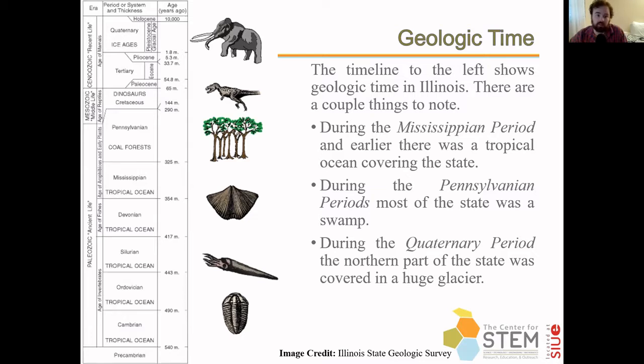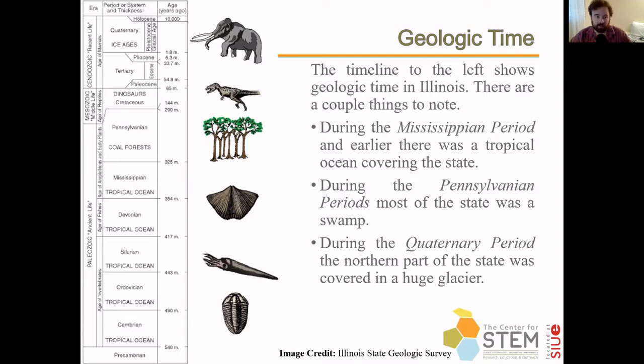The timeline over to the left of this screen shows some of what's going on in geologic time, some of the major events as they relate to Illinois. This is from the Illinois State Geologic Survey, and it covers a lot of the major milestones from the Mississippian period, when there's a tropical ocean covering the state and a lot of deposits of plant life and other things that got buried.